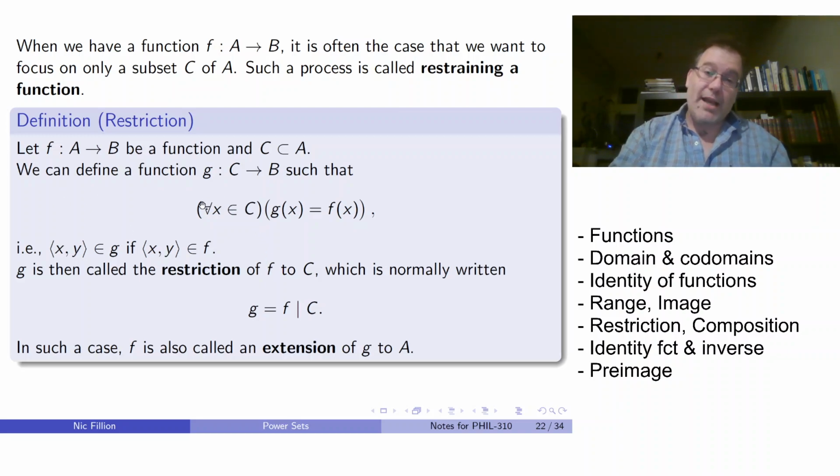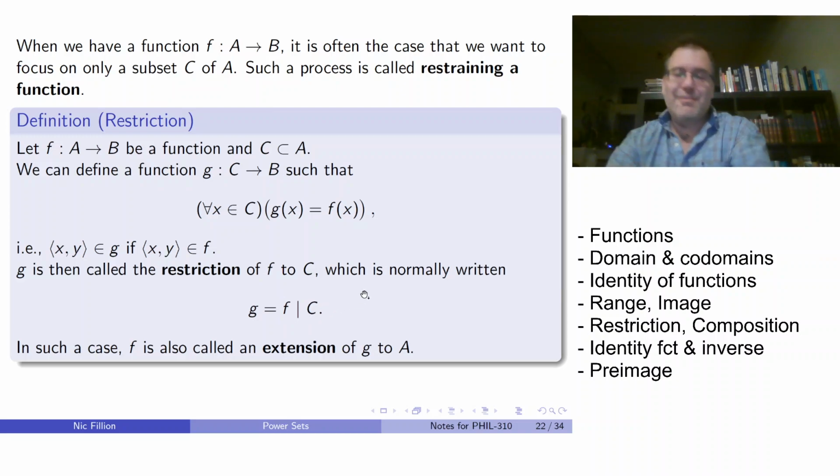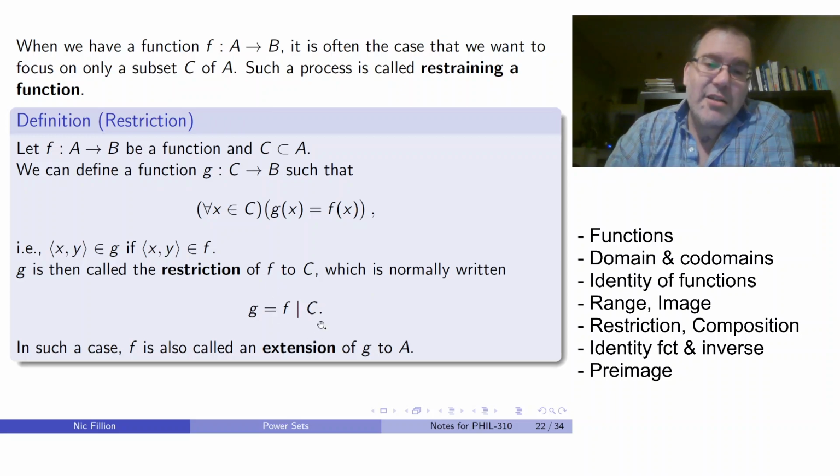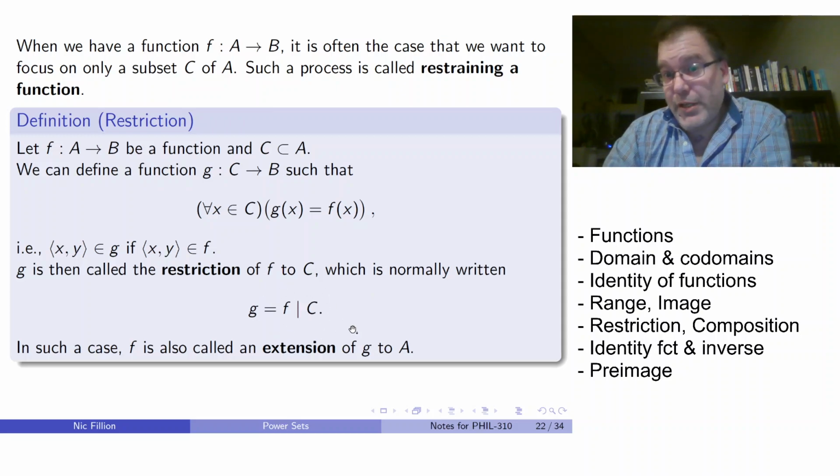Okay, so for all x in the domain of G, so for all x in C, G(x) and f(x) are the same. Or if you want to think of it in terms of ordered pairs, that's how you would be writing it. Okay, so then we say G is the restriction of f to C, and we have the following definition, f vertical bar C, to say f restricted to C.